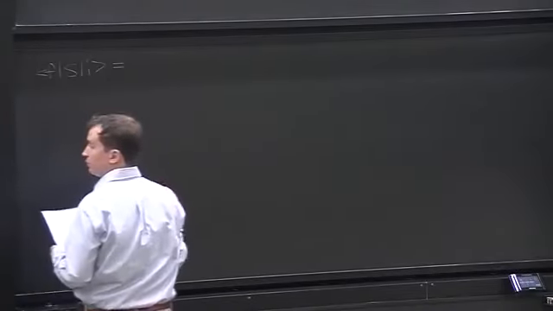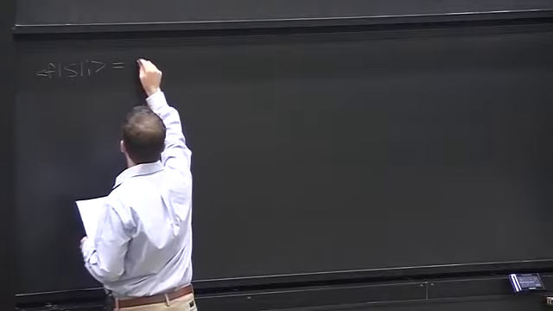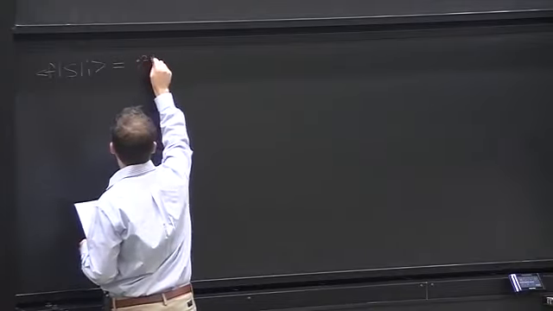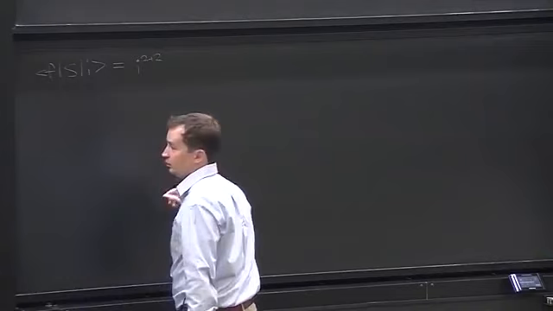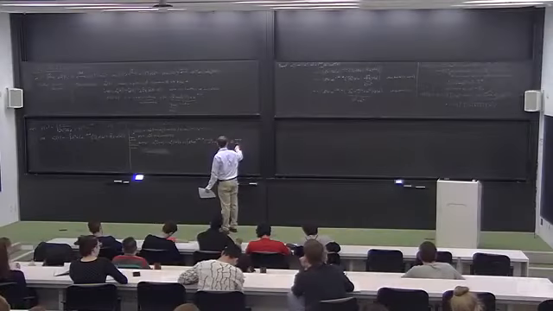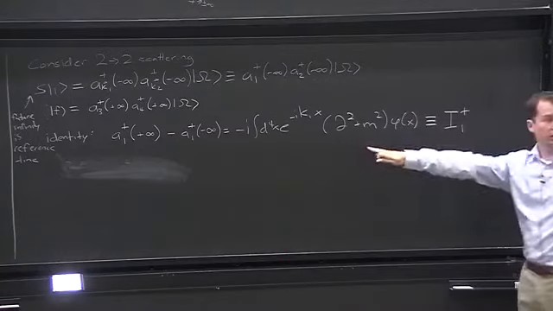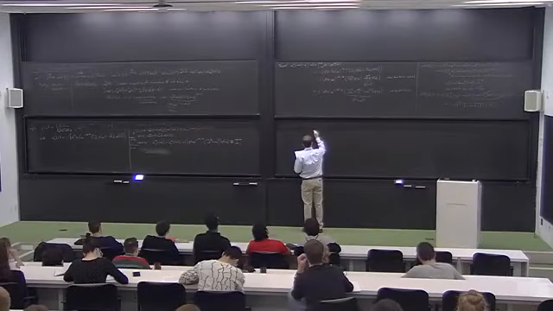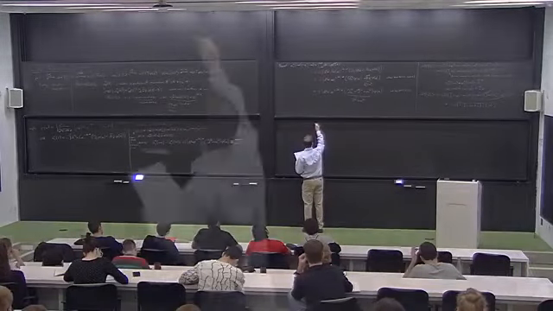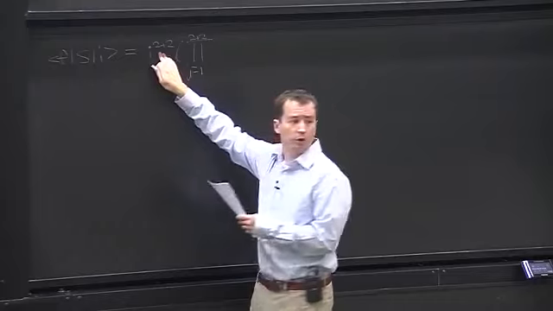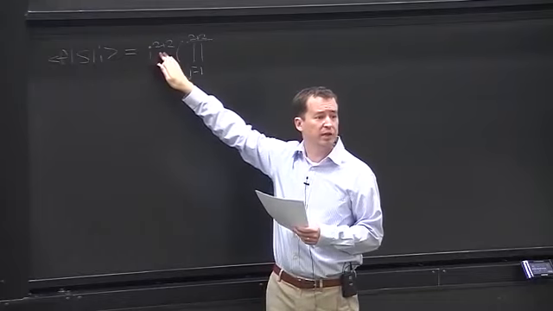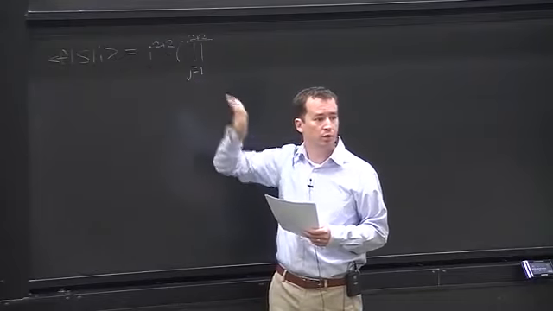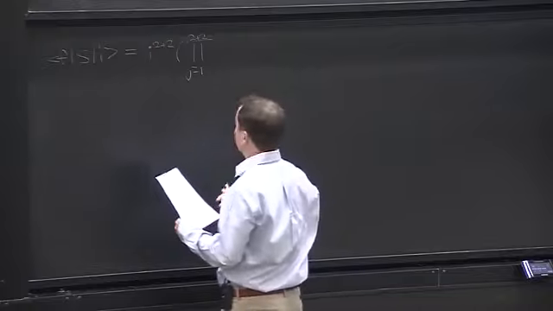What we get here is a bunch of factors of i. Each of these integrals contains a factor of i. Then we've got a product. We have two initial and two final particles, so I'm writing things out in a way that suggests how you would generalize this if we had more initial or final particles.